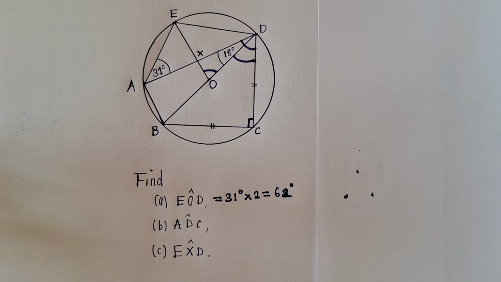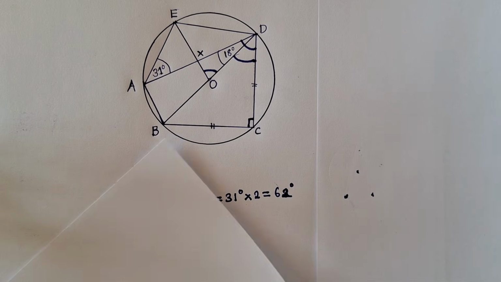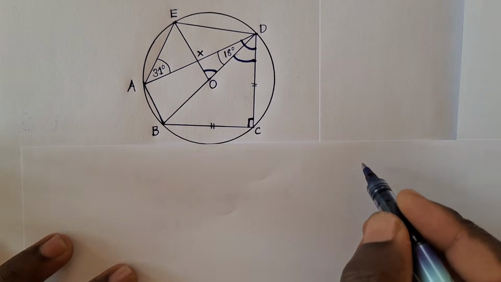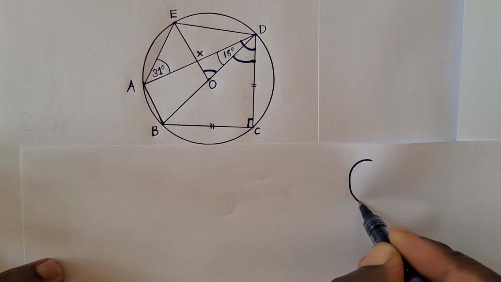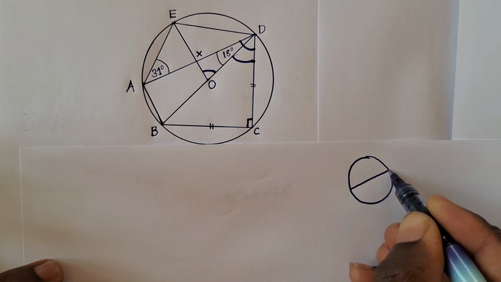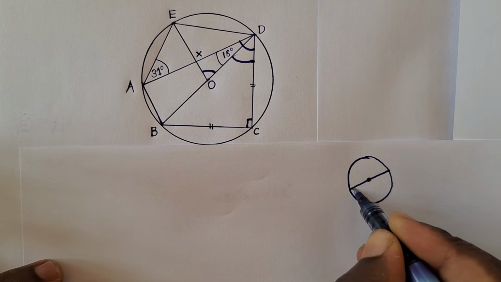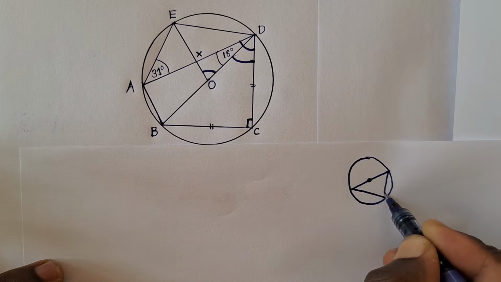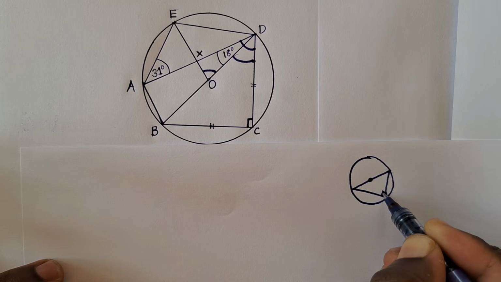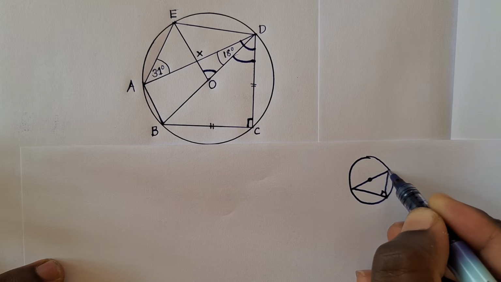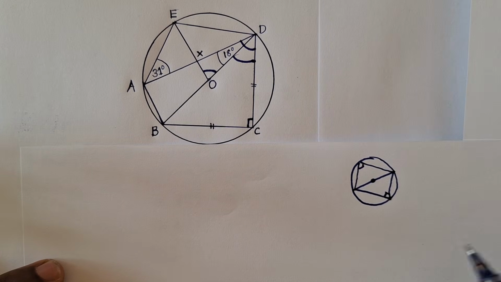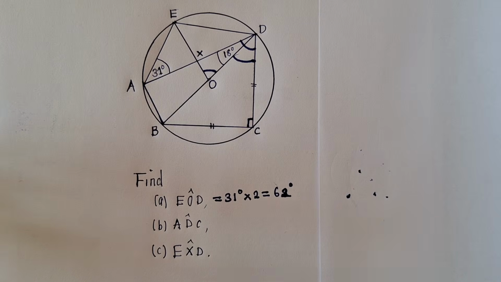There's a property which says that when you've got a line passing through the center, at whichever point these two lines meet, provided that they're touching the circumference, they form a 90 degrees angle. Even here, if we take it this side, still there will be a 90 degrees angle. So this is 90 degrees.